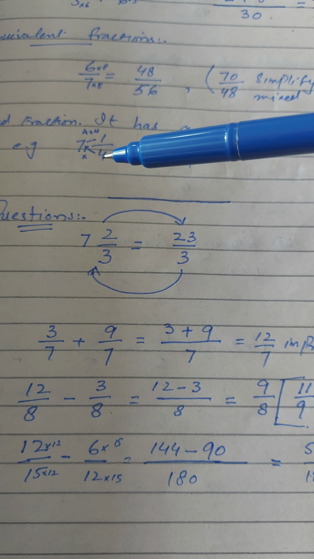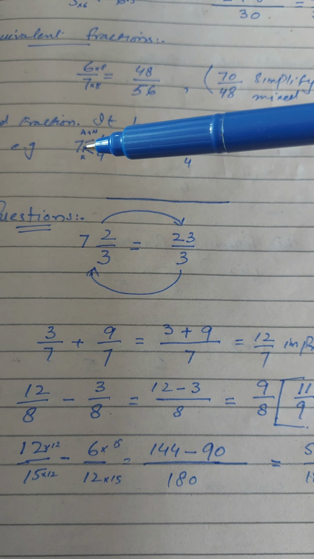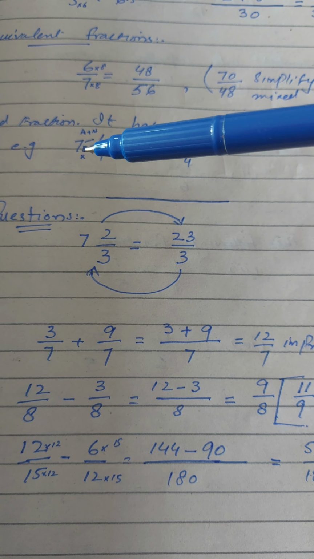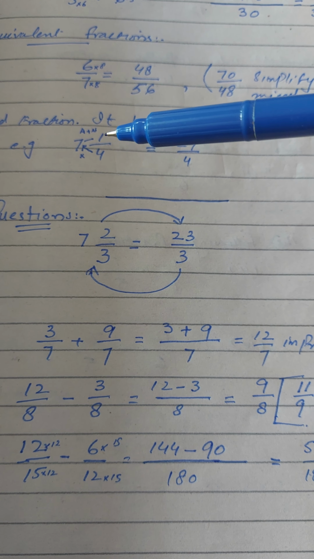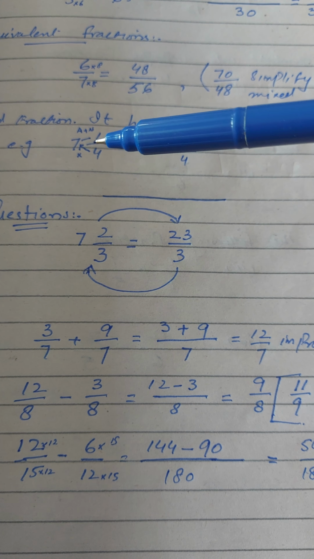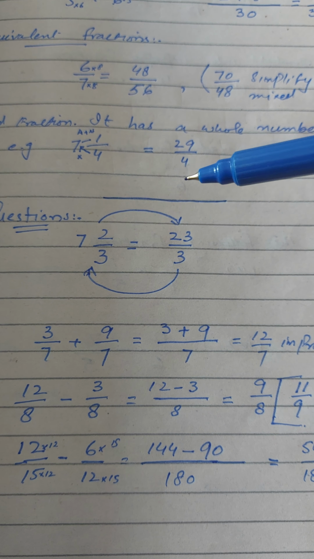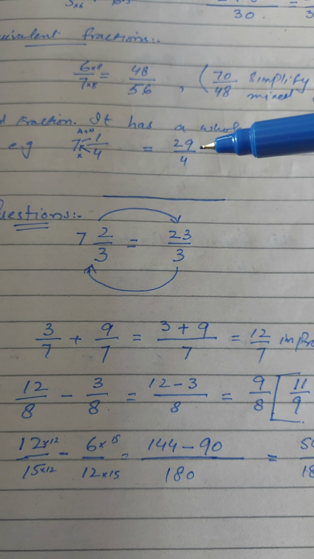We will multiply this denominator with this whole number, that is 7 times 4, or 4 times 7, is 28, and then the answer will be added with this numerator. So it will be 29. 7 times 4 is 28, plus 1 is 29 by 4, and this is your improper fraction.